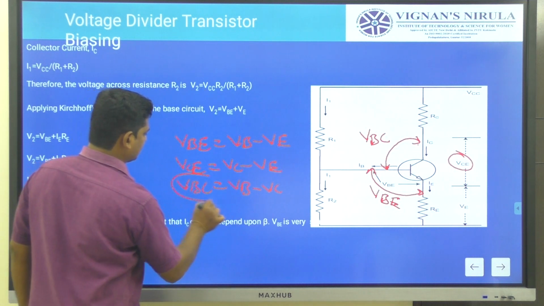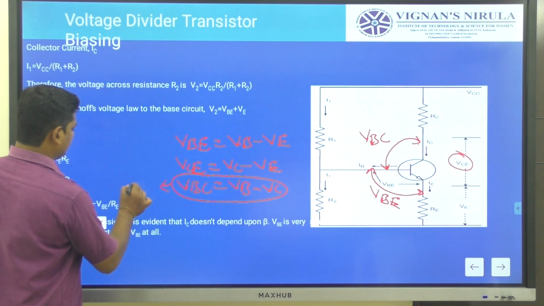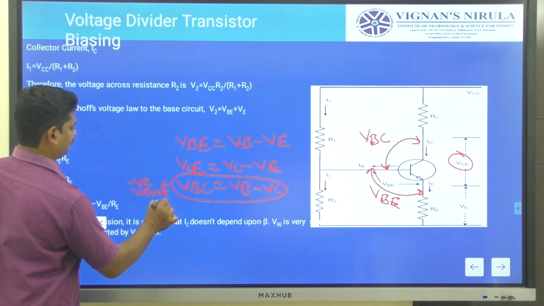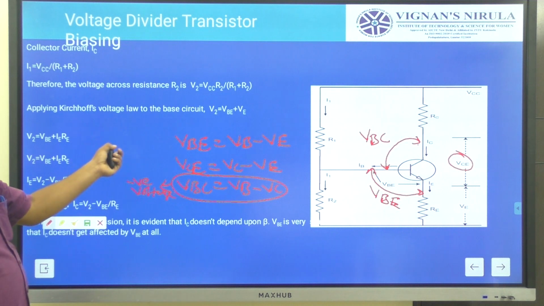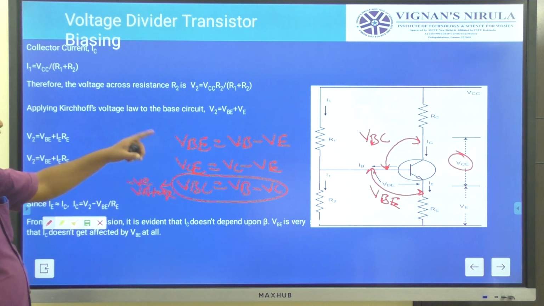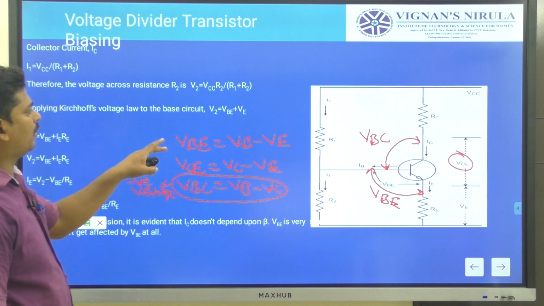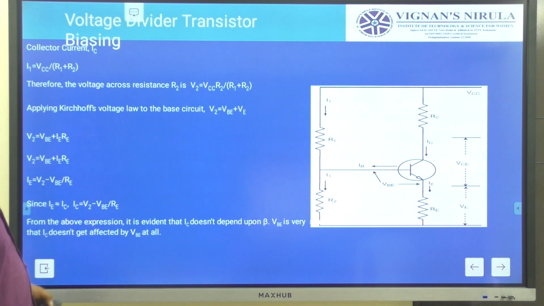Always remember, students, this value will always give a negative voltage. So according to these formulas, if you solve by applying Kirchhoff's voltage law at the input and output of the transistor, we will get these values.